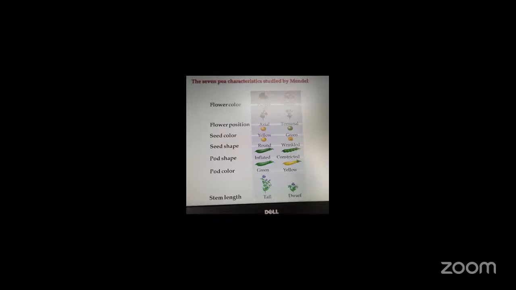So Mendel's experimental design used self-fertilization to produce the true breeding generation.